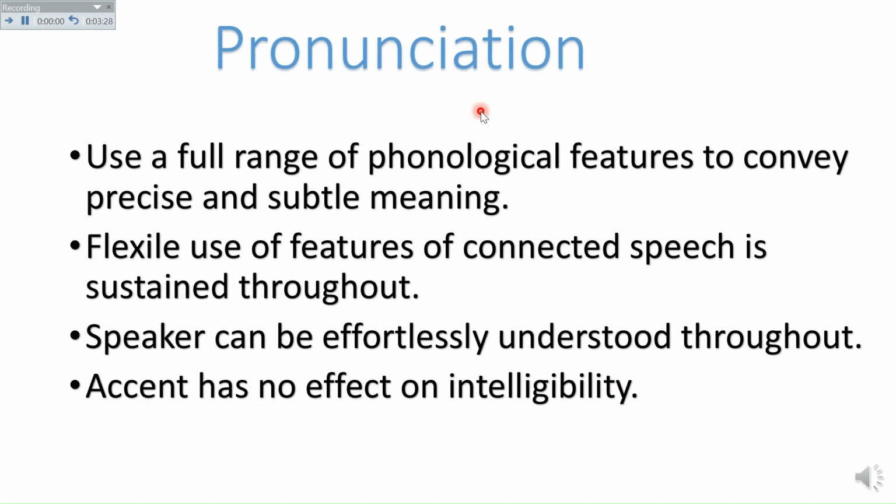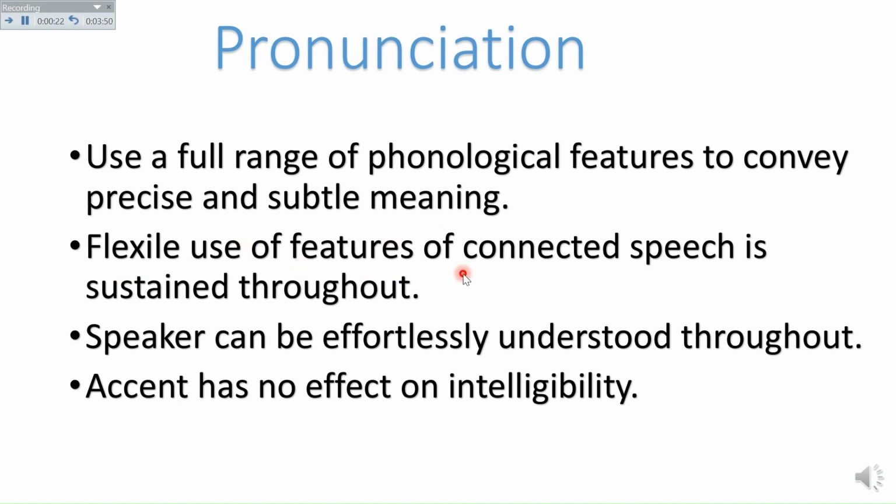Pronunciation. Your pronunciation has to be correct. That's where most non-native speakers struggle, to pronounce the correct word. So what does pronunciation say? It says use a full range of phonological features, phonological meaning related to the sound of the language, to convey precise and subtle meaning.